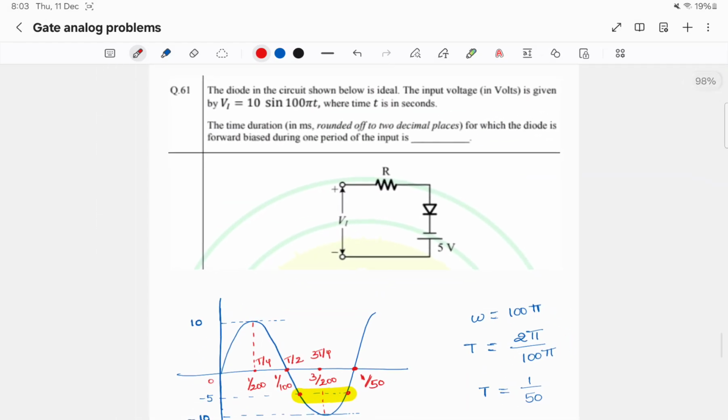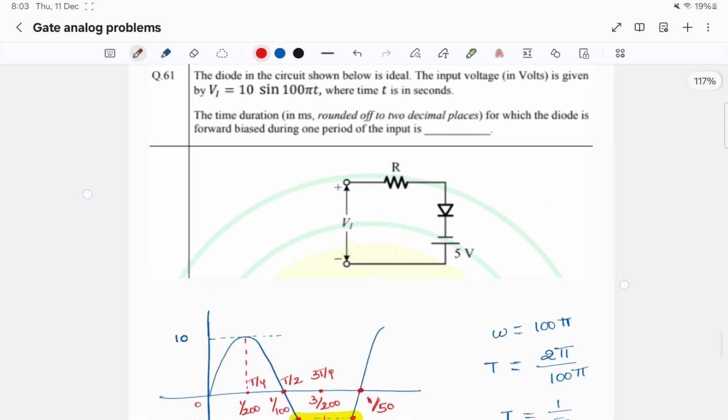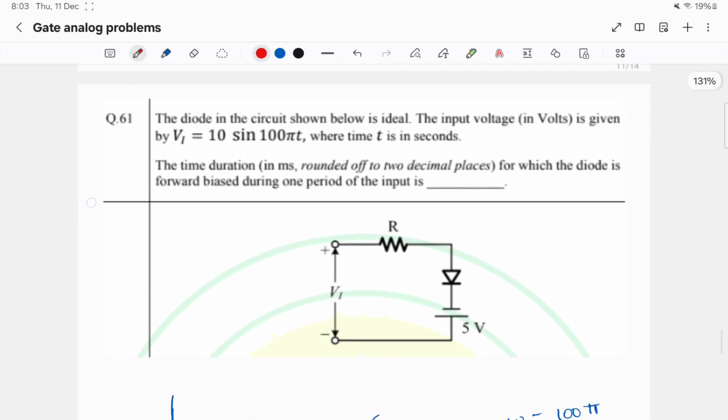In this question, it is given that an input of 10 sin 100 pi t is applied to the circuit, and we have to find out for how much time the diode will conduct in a single period.